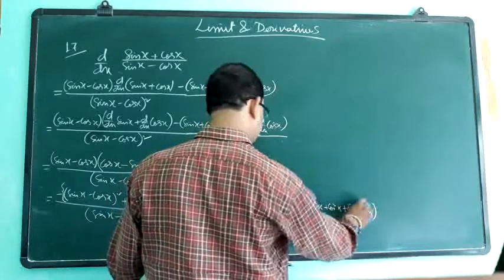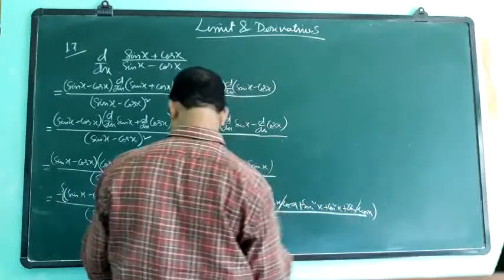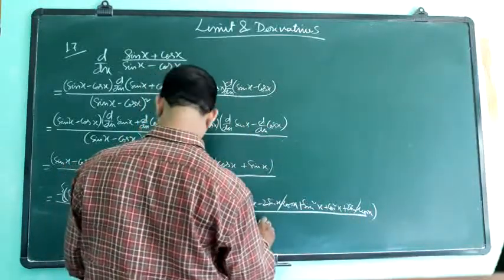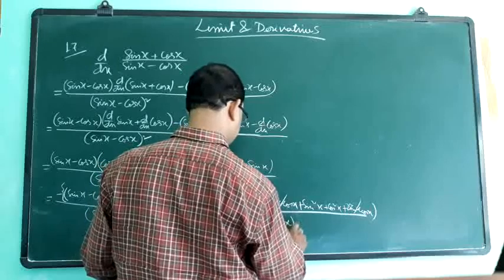So you can cancel this one, and the whole thing is divided by (sin x - cos x) whole square.